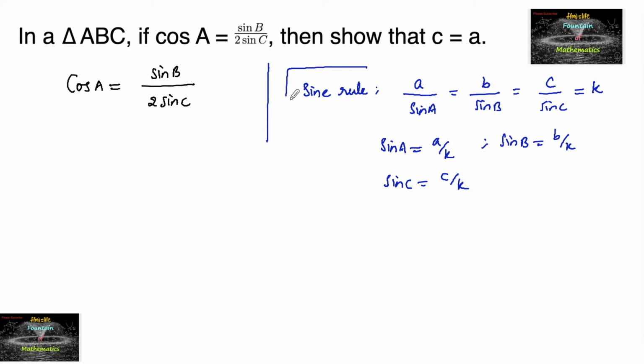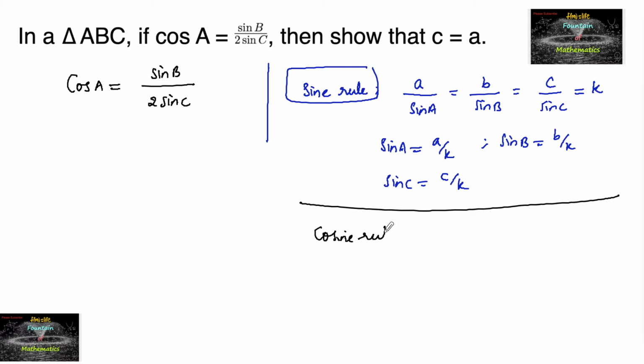And also from cosine rule we have cos A is equal to b square plus c square minus a square upon 2bc.